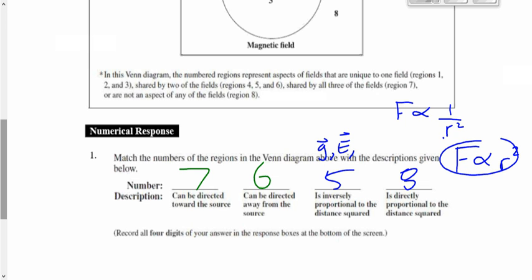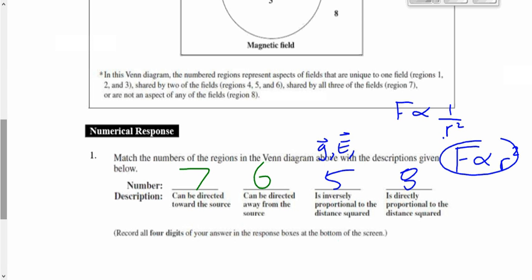Now understand, please, when we do this, we're not saying we're picking 8 because we don't know. We're saying we're picking 8 because if you needed to know, you would know. Does that make sense? We're not changing the laws of physics and saying, let's just say 8 because we don't know. The laws of physics say that it's not directly proportional to the distance squared.